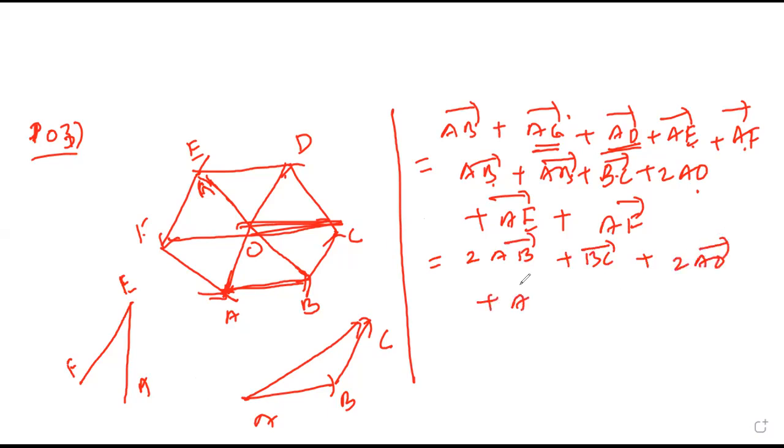I think nobody is having doubt till this. Anybody having doubt till this? No, sir. After the split of A, that's where the doubt comes. This AF and CD are same, na? AF and OB are also same, no?